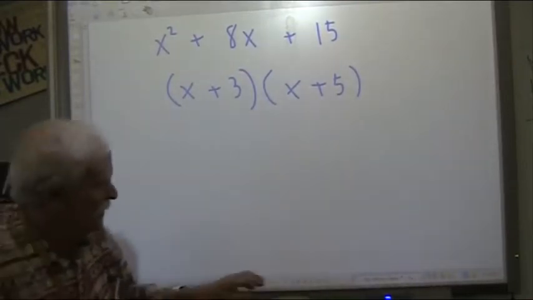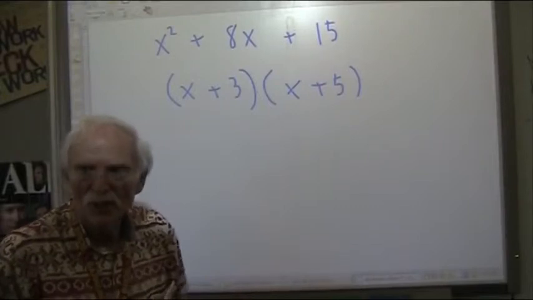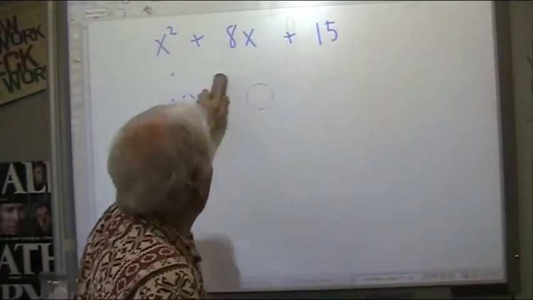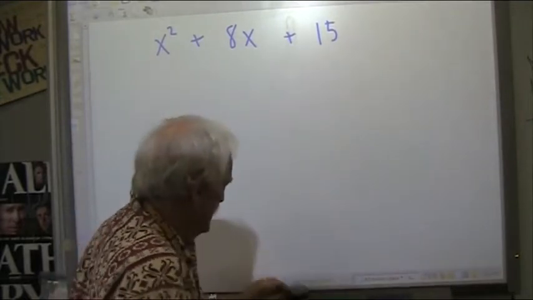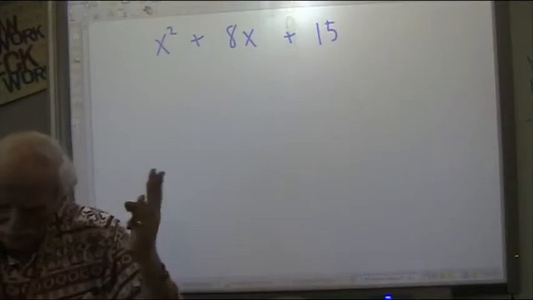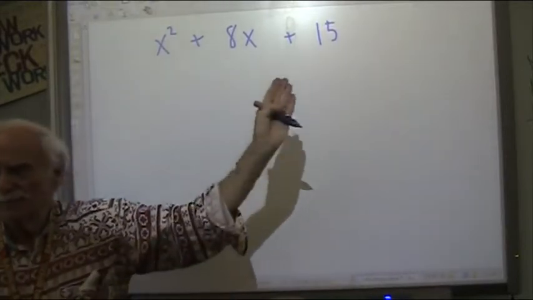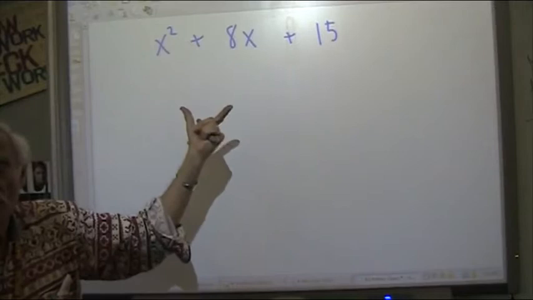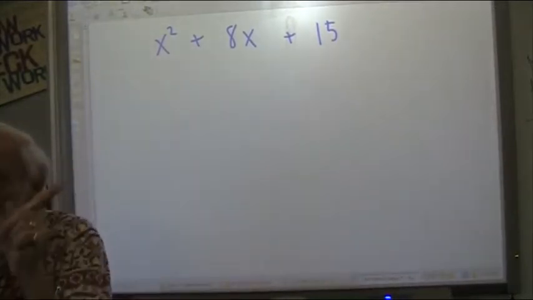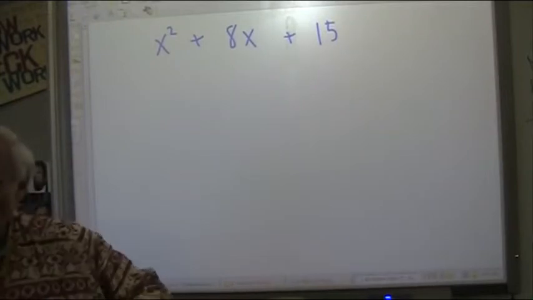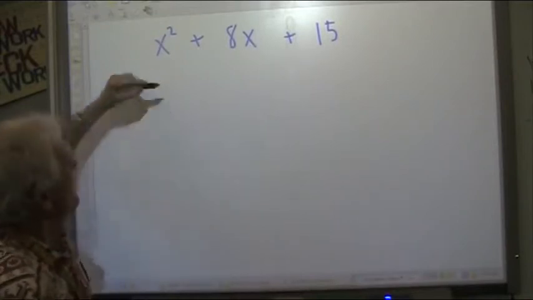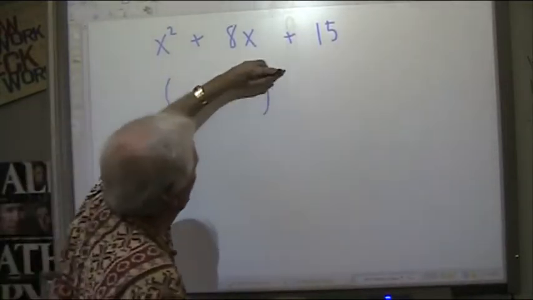Now, ladies, this is the way we approach this. I'm going to go back now to this problem here, and the problem says to factor. We know that if it can factor, it will factor into two binomials. So I very confidently and boldly make two sets of parentheses.